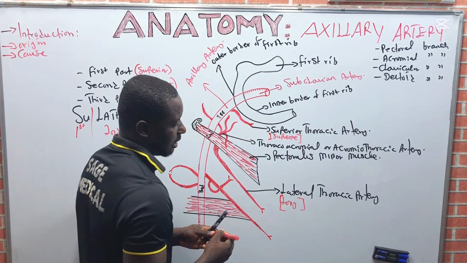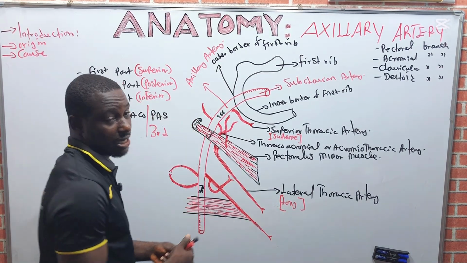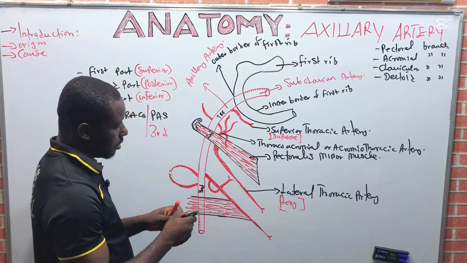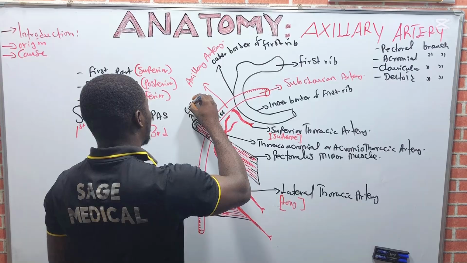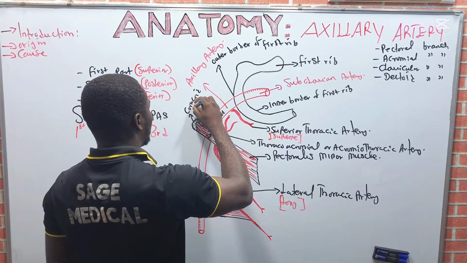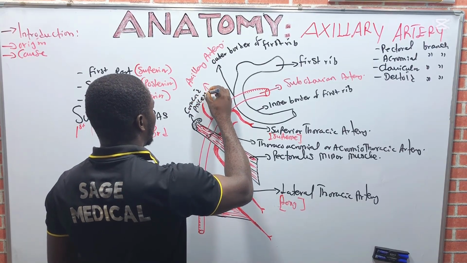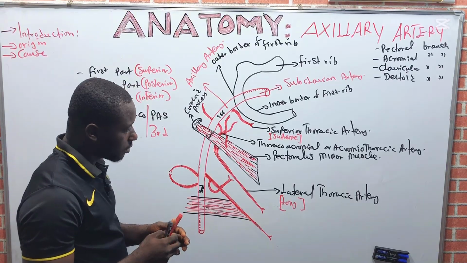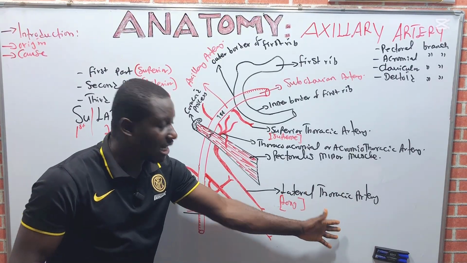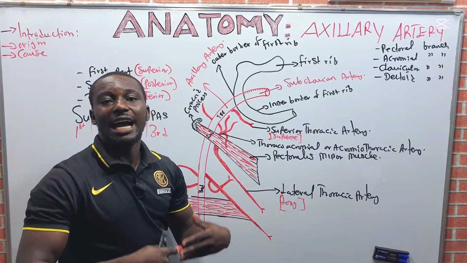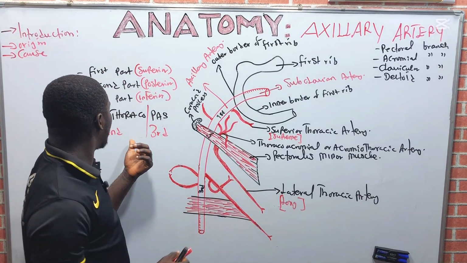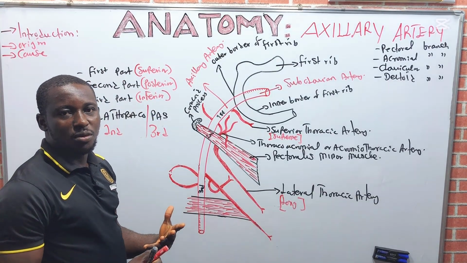This is our coracoid process. The lateral thoracic artery can be called the long thoracic artery. It is the artery that arises from the second part of the axillary artery.